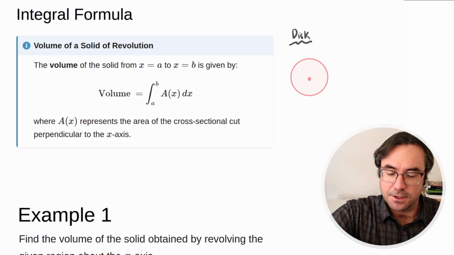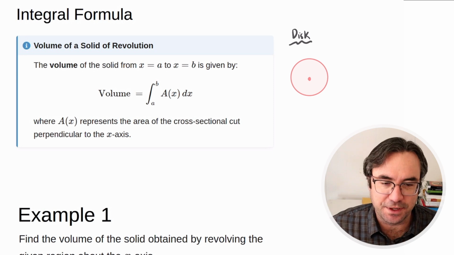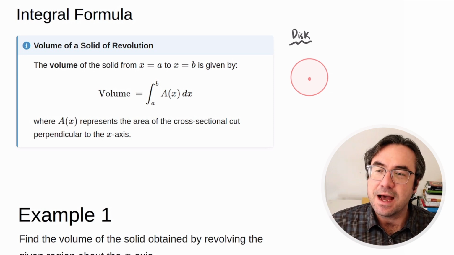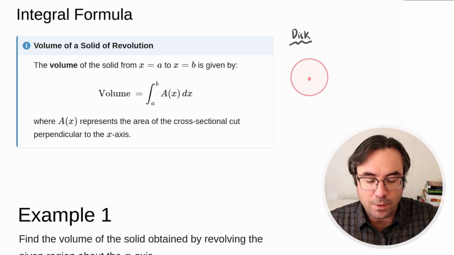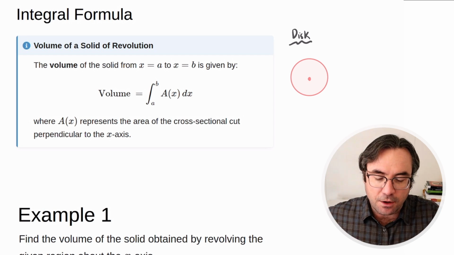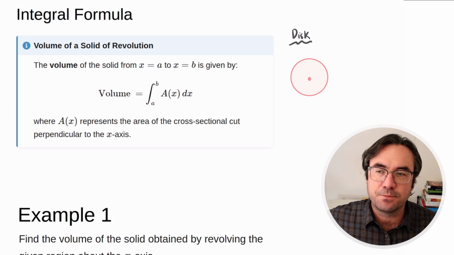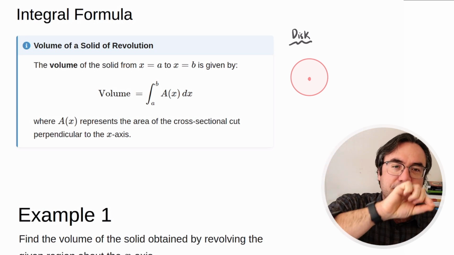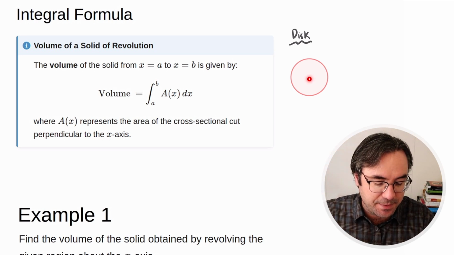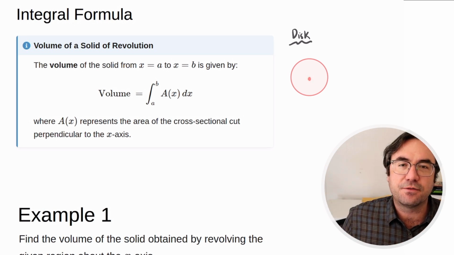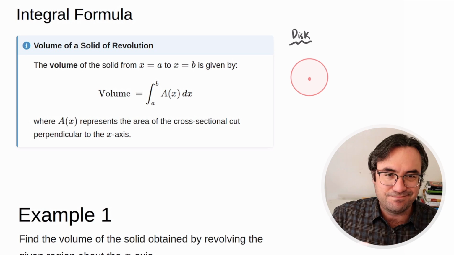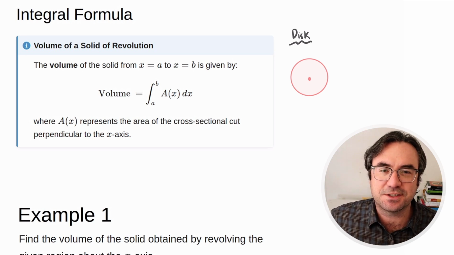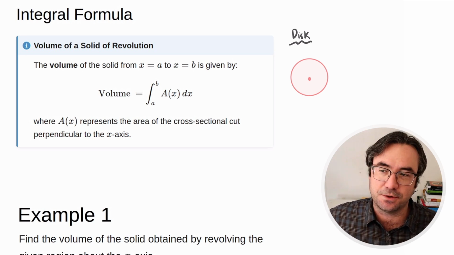All right. So how are we actually going to do this, though? So far, it's all theoretical. How do we actually do this? Well, for these solids of revolution, we're rotating around an axis of rotation. So there's always going to be a center point, and all of these cross-sections are going to be related to a circle.